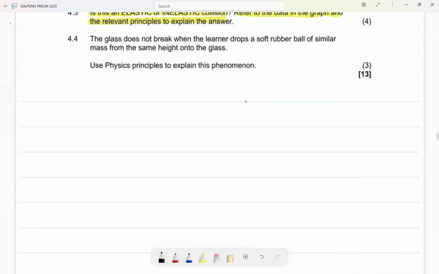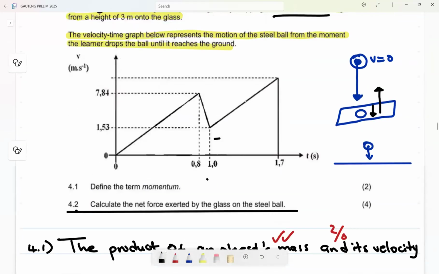Well, 4.3, it's clear. It is an inelastic collision. Why is that? Let me talk about the elastic collision first. In an elastic collision, the velocity initial is going to be equal to the velocity final. So if the ball was not going to break, it would go there and move upwards with the same velocity. But now the velocity initial is not the same as the velocity final during the collision.